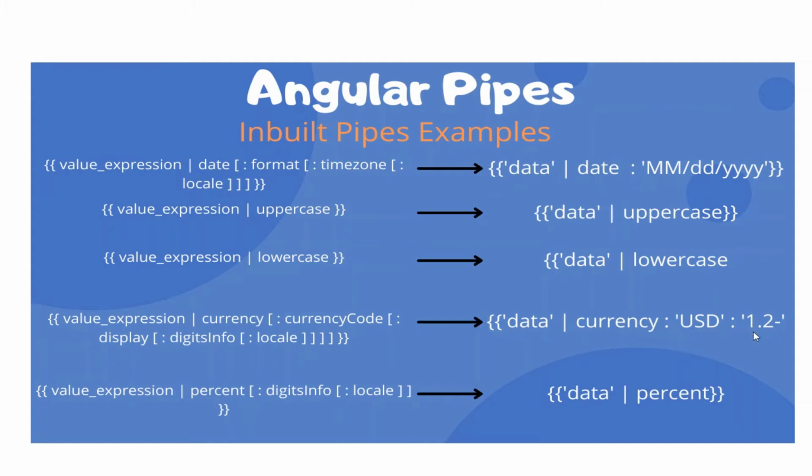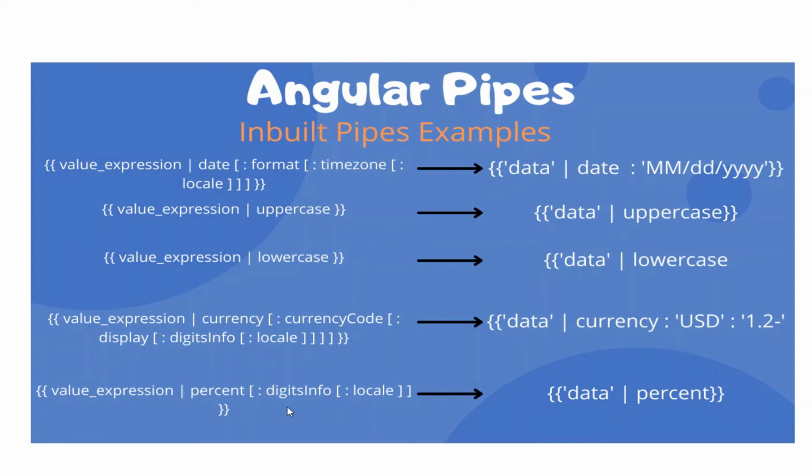The next parameter is the digit info. So you can see 1.2-2 means a minimum of 1 digit to the left side, and then followed by, if it is a fraction, at least 2 to the right side, and then the dash is the maximum number of digits after the fraction.